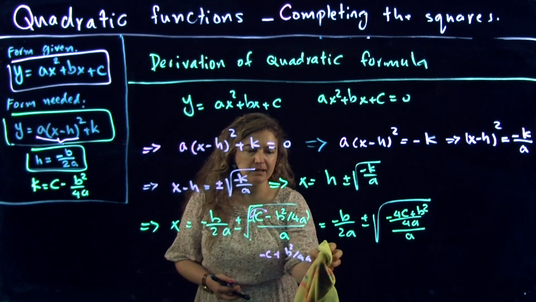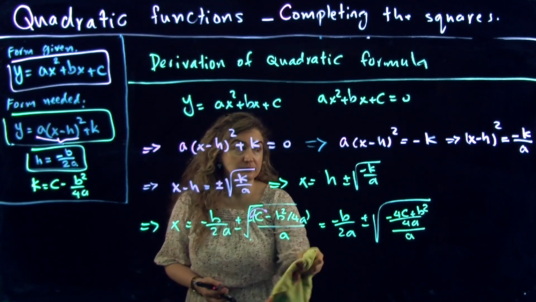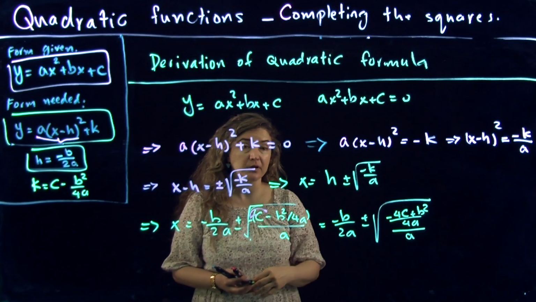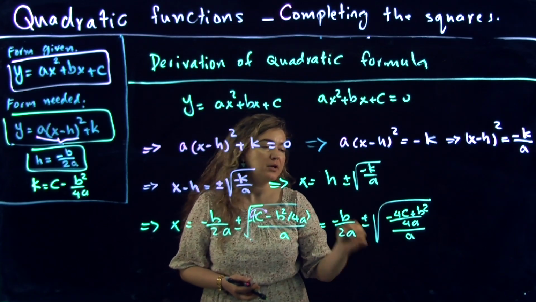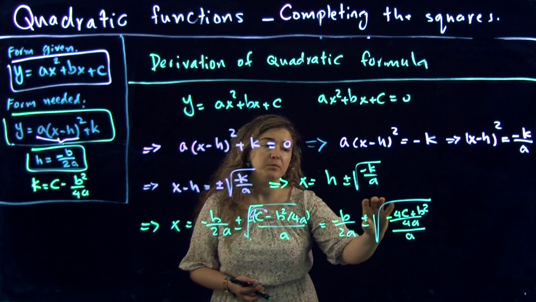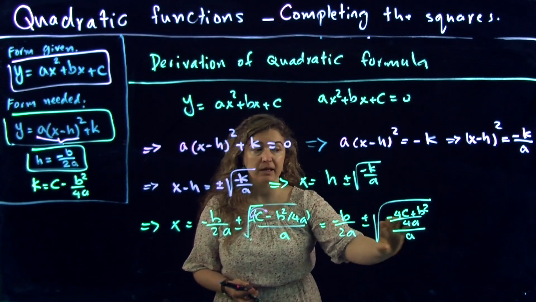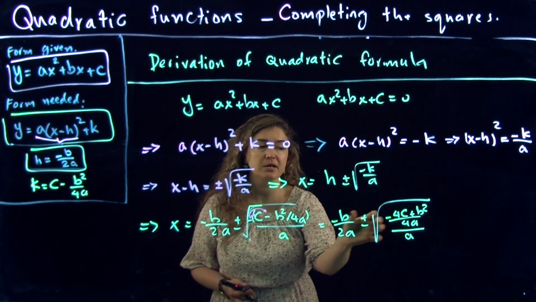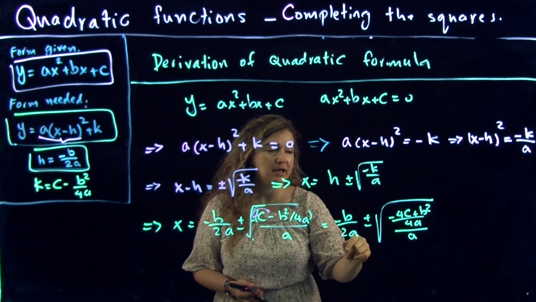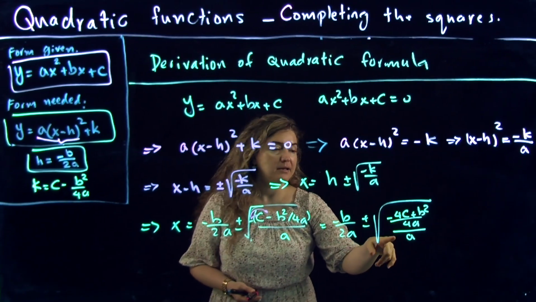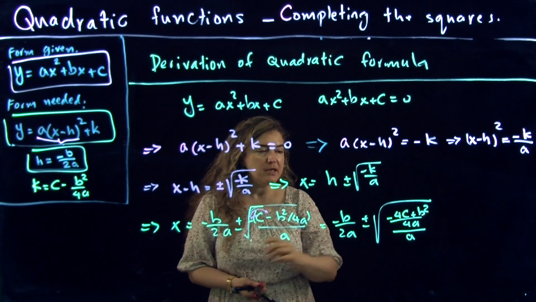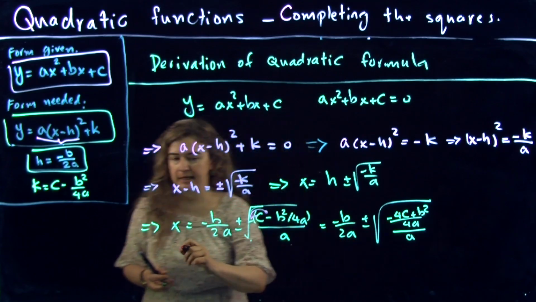Okay, so it looks a little bit more like the quadratic formula that we remember. Here's the thing: the quadratic formula has a numerator and a denominator. This one looks like two fractions added together, one with a radical. So let's simplify underneath again.